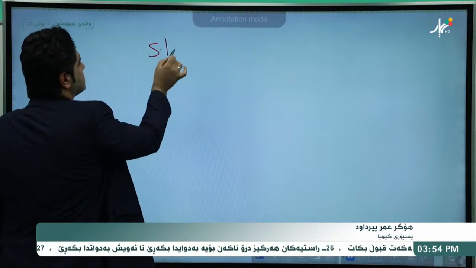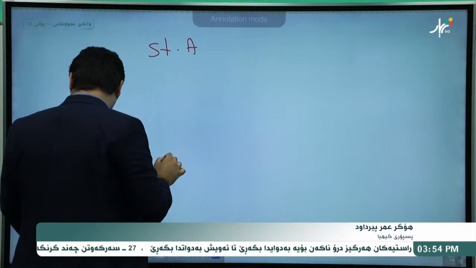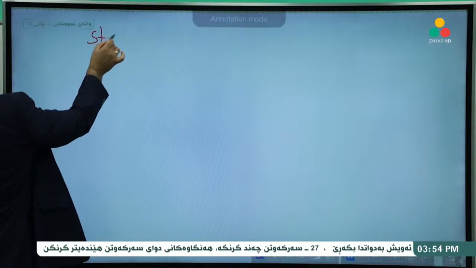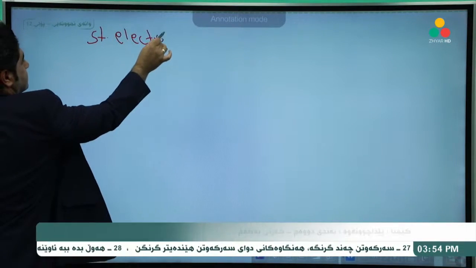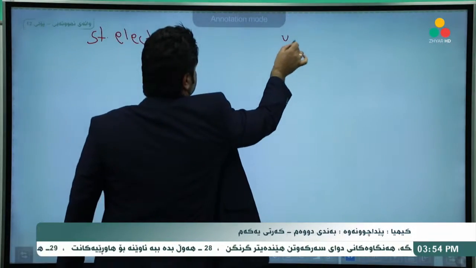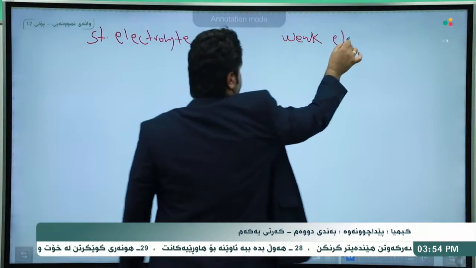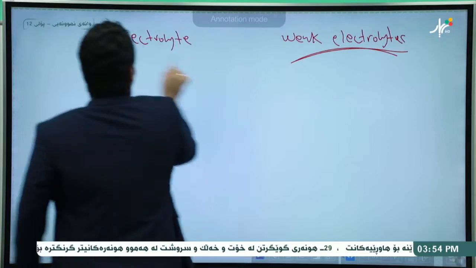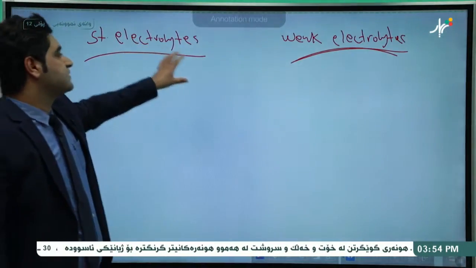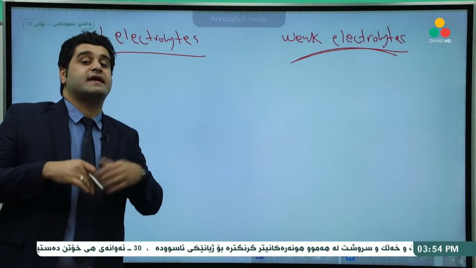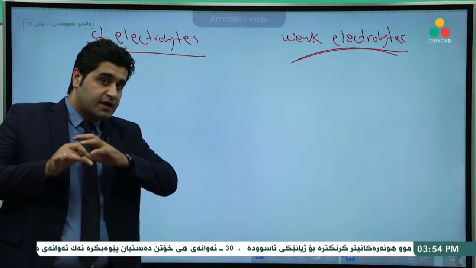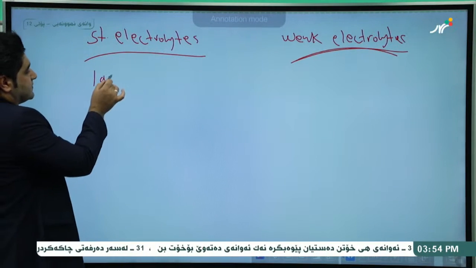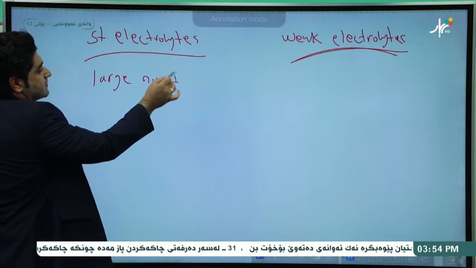For strong electrolytes and weak electrolytes. Strong electrolytes are electrolytes that can dissolve in water and their aqueous solution can conduct electricity very well because there's a large number of ions.